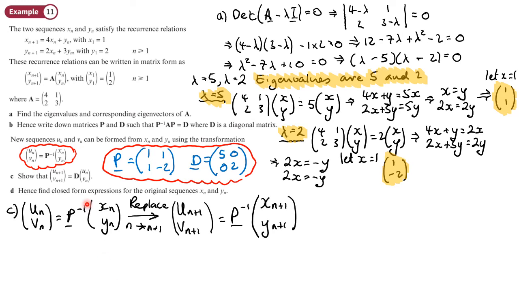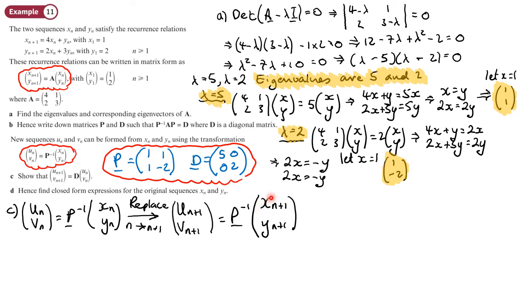So look at what we want to get to, and let's think about what we're going to do next. We've got this side matched up. Now we've got another relationship that we've been told up here. Let's have a look at what we've got. We've got xn plus 1, yn plus 1, and we've got that here, and it's equal to this.